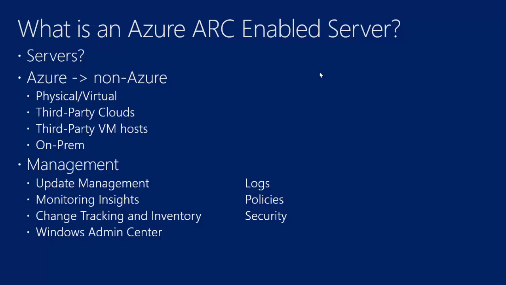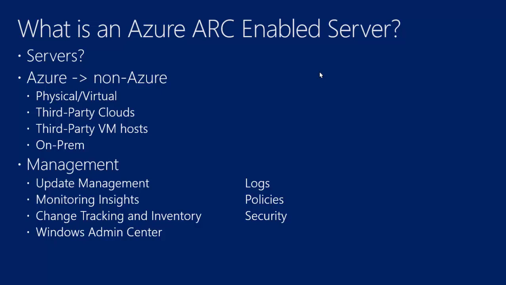Now, just to peek ahead a little bit, servers is one aspect of Azure Arc, as we talked about in the intro. There are a lot of other aspects to Azure Arc, like Kubernetes or SQL management or so on, right? We will get to those. We are focused on servers now. So whenever I say server, don't think that is only what Azure Arc will do. It's servers and server workloads, right? Server kind of workloads.